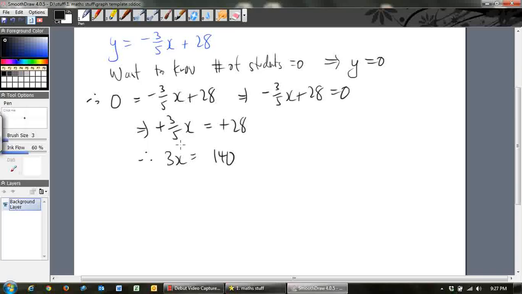Did I get that right? 20 times 5 is 100. 8 times 5 is 40, yes. And so therefore, I'll divide both sides by 3. That's equal to 140 divided by 3, which is, drum roll, can I do it in my head? Well, 120 would be 40 minutes.